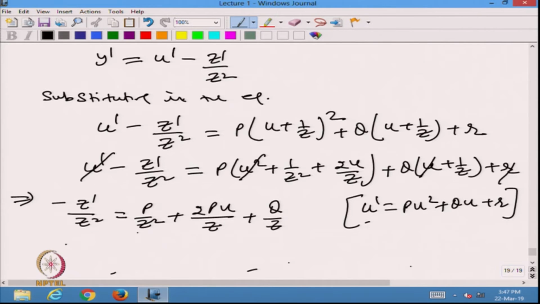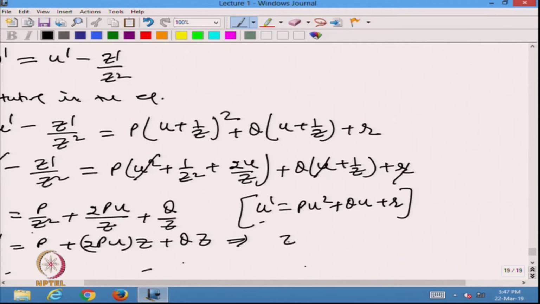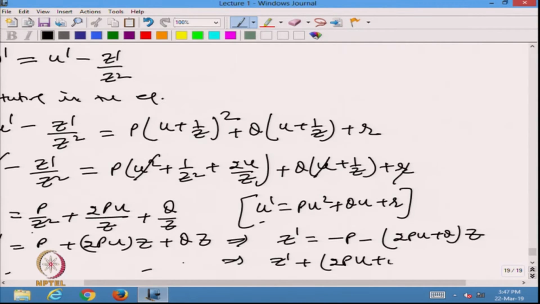Now I multiply both sides by z square, and I get z dash is equal to minus p minus 2 p u z minus q z, which can further be written as z dash plus 2 p u plus q times z is equal to minus p.